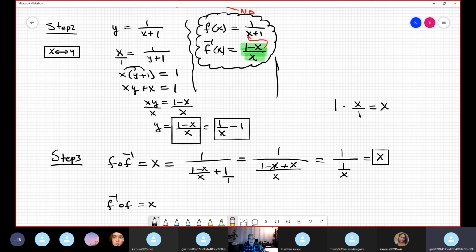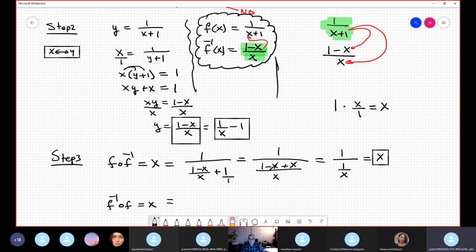The opposite direction is, let me see, I have no idea. This is 1 over x plus 1, and this is (1 minus x) over x. Basically, you take that and you replace this expression here and here. So, double replace.